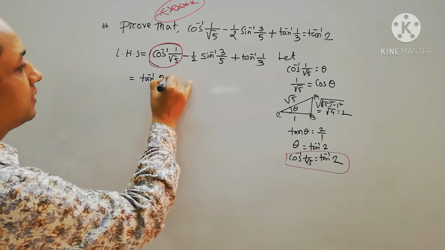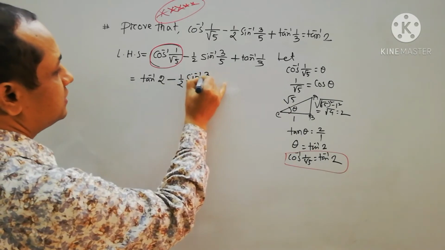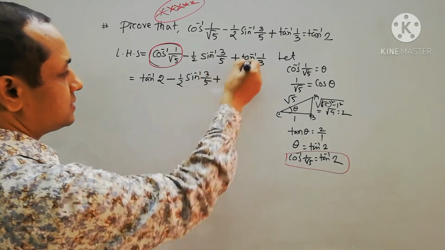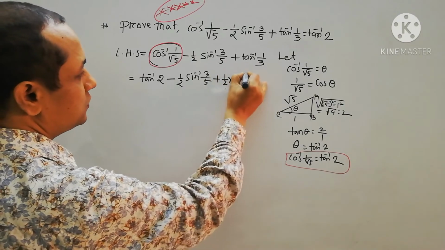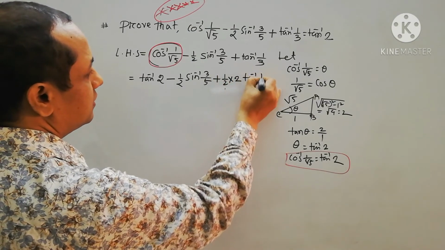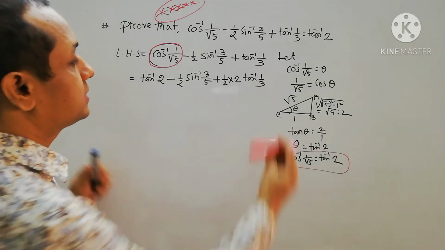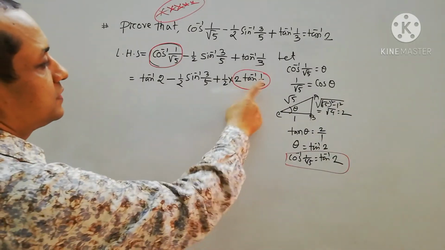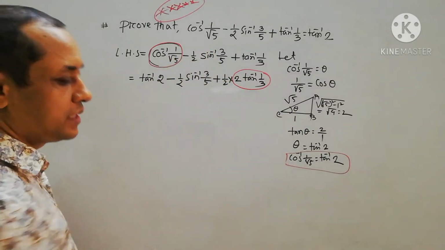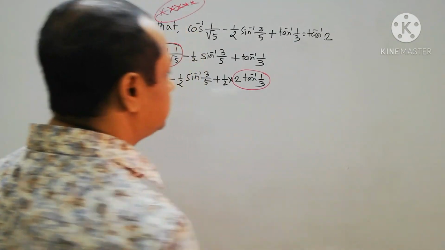Then we have half sin inverse 3 by 5 plus, taking half into 2 cancel, then 1 by 3. So using formula 2 tan inverse x, here 2 tan inverse x converts to sin inverse. Student, attention please.